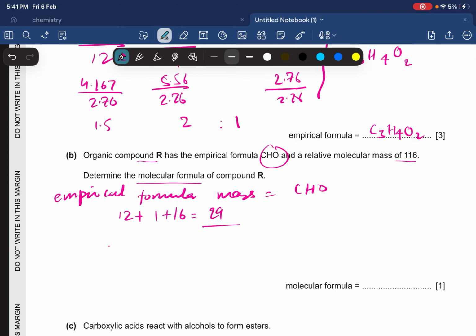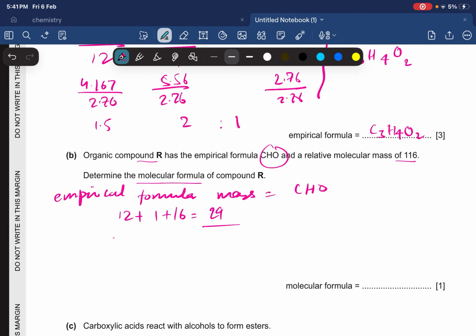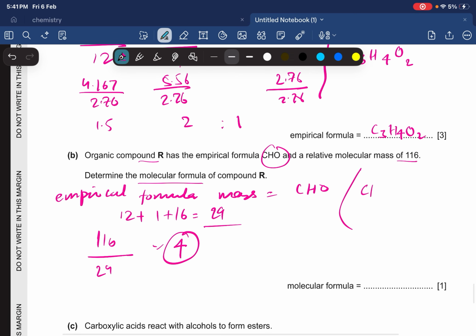Then we take the molecular mass, 116, divided by the empirical formula mass, 29. We get 4. Then we multiply our empirical formula CHO by the value n we get, which is 4, giving C4H4O4.